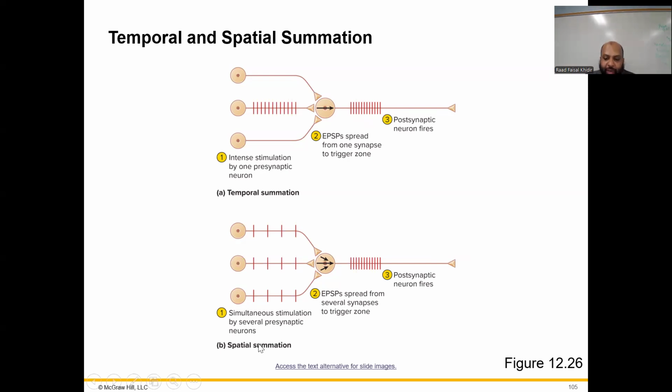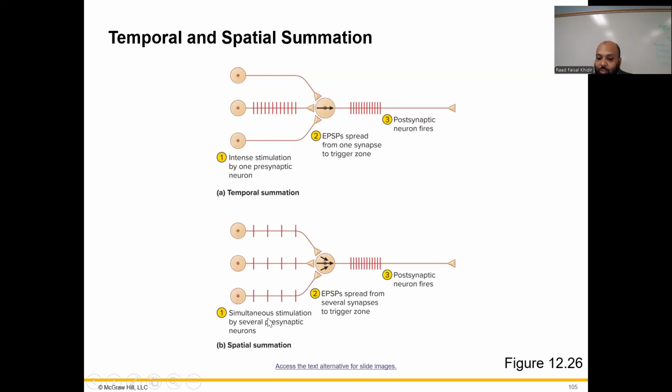summation. In spatial summation, you would have simultaneous stimulation by several presynaptic neurons. So now you see, you're not dealing with one neuron. You're dealing with 3 different neurons, but each one is adding up all of them. You see, the piggy bank is being filled by multiple different neurons, while here you have only one neuron.